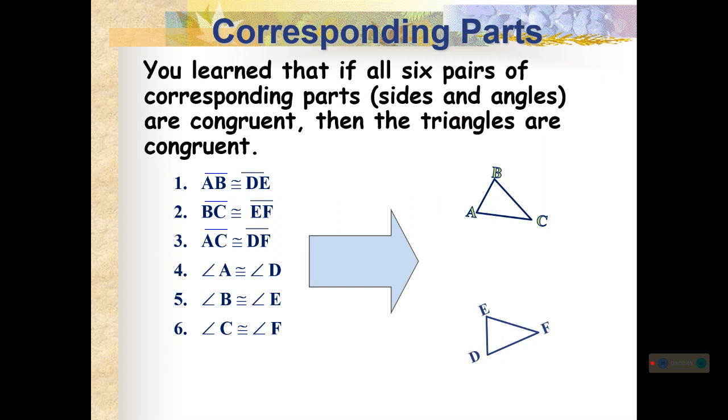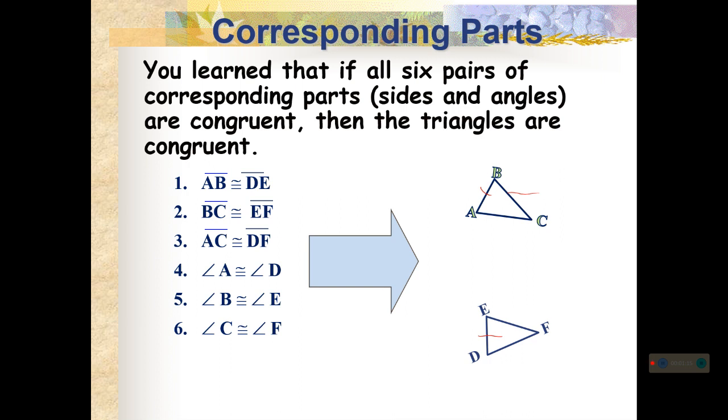So if we are going to use that statement to prove that the two triangles are congruent, we are going to have tick marks on the different parts of the triangles. In this given, we have segment AB congruent to segment DE, so we have a tick mark here and here.